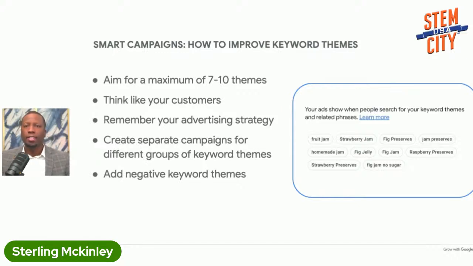What themes do is condense those into themes. So instead of typing in 1,000 keywords, you type in jam, words like jelly or strawberry preserves. Those are related keywords, and they will be listed in those themes. At max, you would aim for 7 to 10 themes.